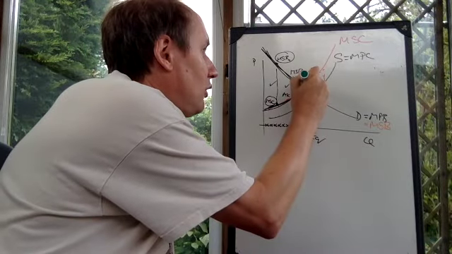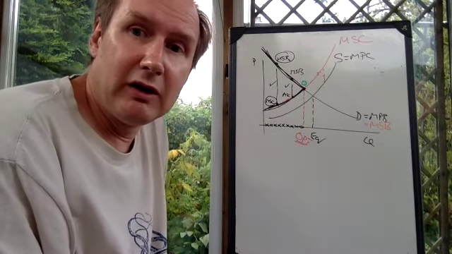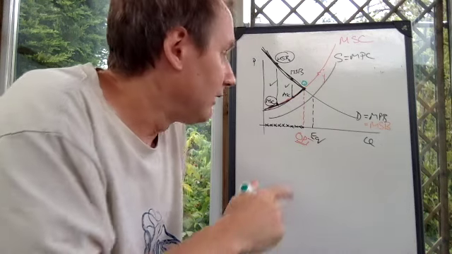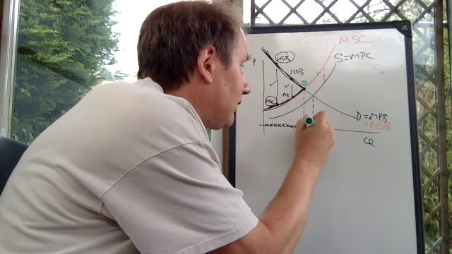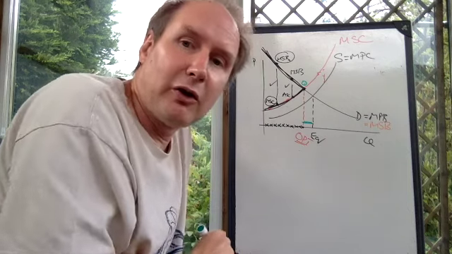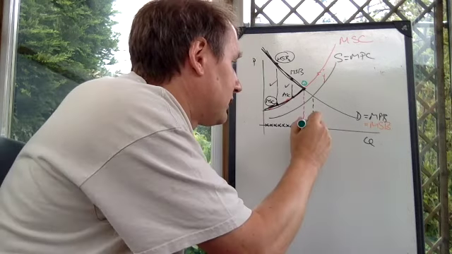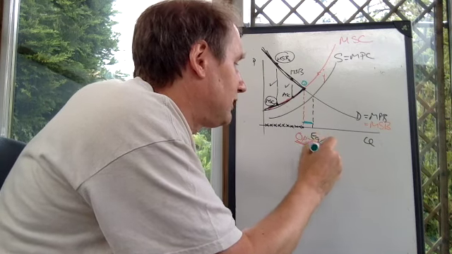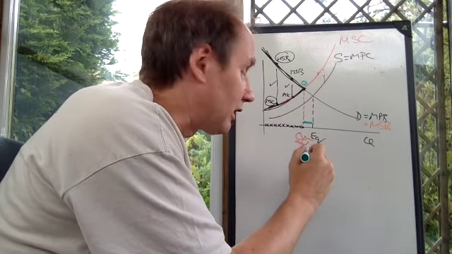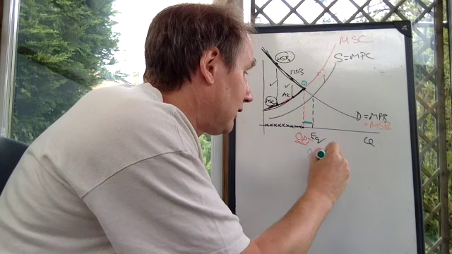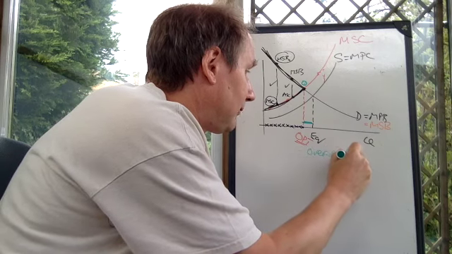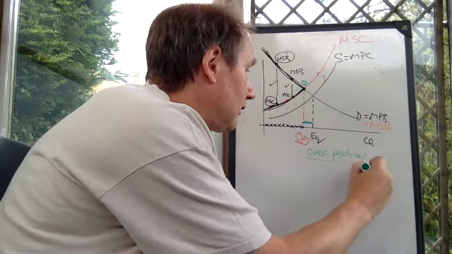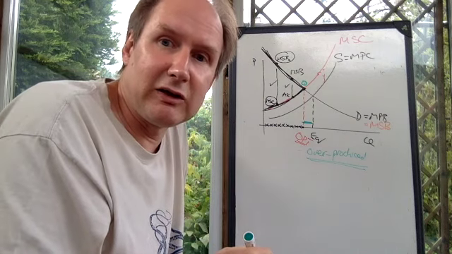We don't stop at point O. We go past that point and we produce these units here. These are the problem units, the ones between the optimum level and the equilibrium. The equilibrium is higher than the optimum level, so we can see that it is overproduced. That's our misallocation of resources.